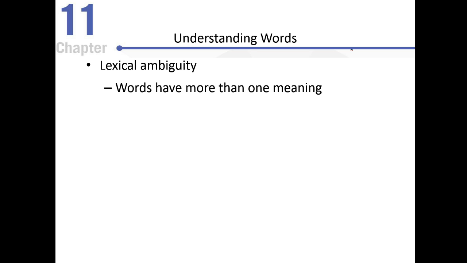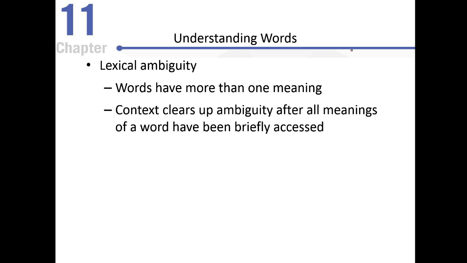Think about the word bug, which can be both a noun and a verb. Think about the word bank, which can also be a verb and a noun. How do we know which meaning is being referred to? Well, once again, context. Context clears up ambiguity after all of the meaning of the words have been briefly accessed.